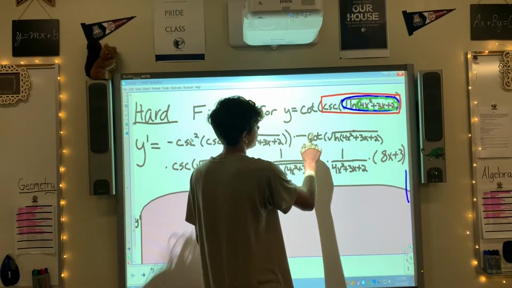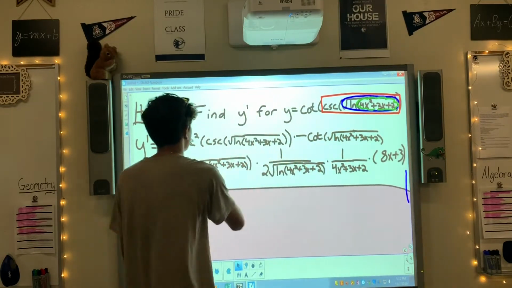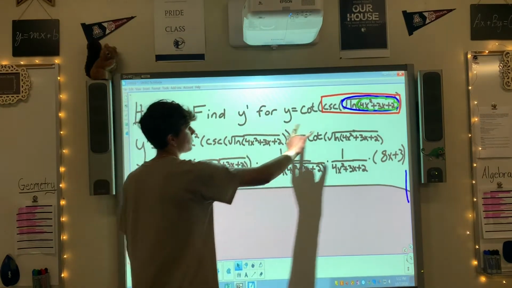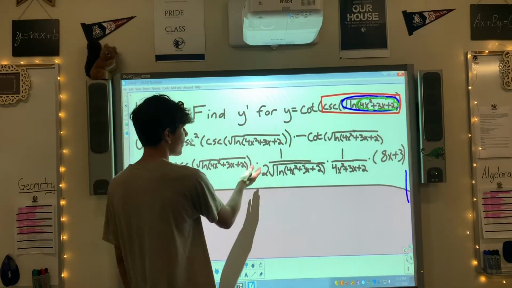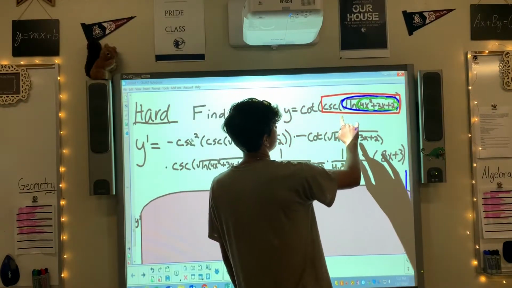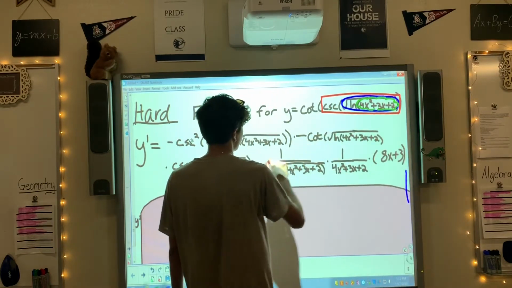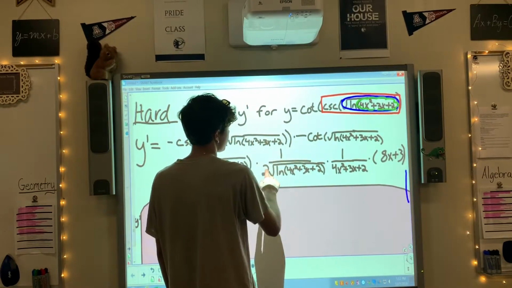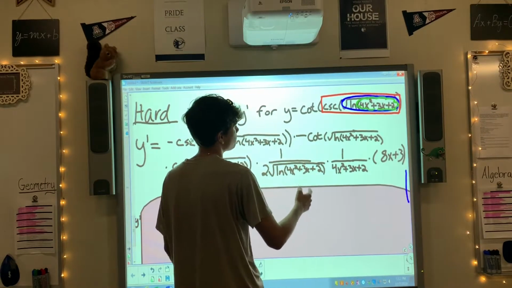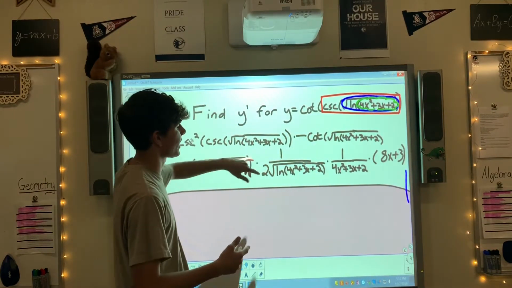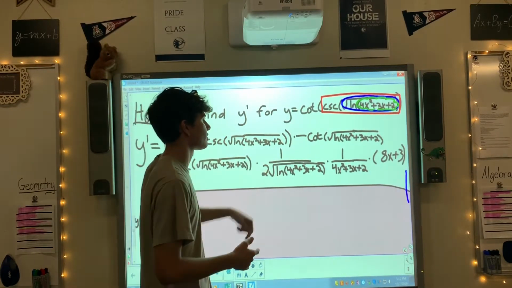So times negative cotangent of just the circle, times cosecant of what's in the circle right there. So that's what we have. Times the derivative of our circle, which would be 1 over 2 times the square root of natural log of 4x squared plus 3x plus 2, which we explained earlier, how we just skipped doing the 1/2 exponent step. So that's what that is right there.